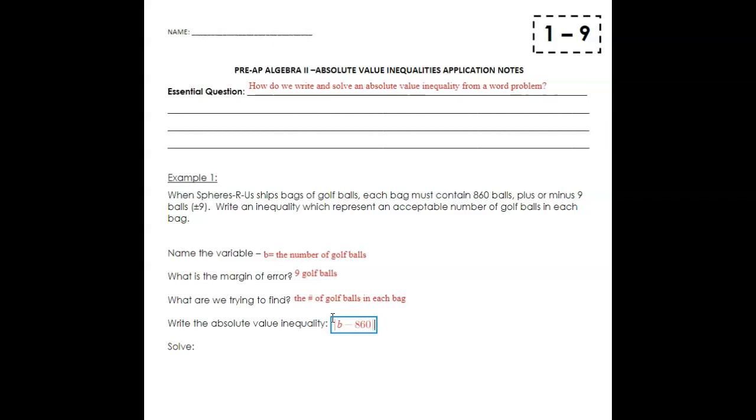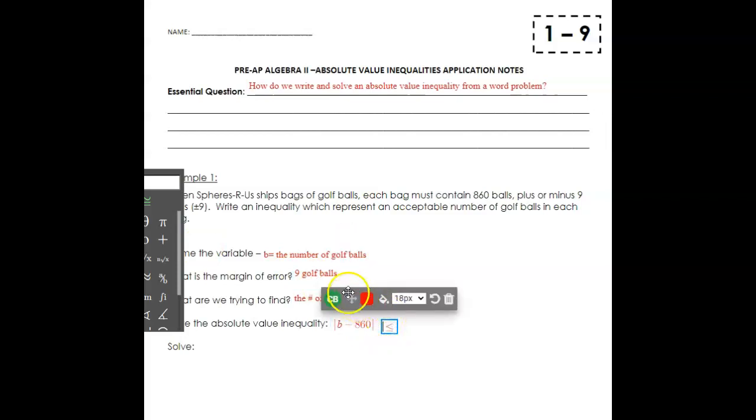If I take the difference of those two, so the number of golf balls in the bag and the number that are supposed to be in the bag, and if I subtract them and then just take the absolute value, so the positive number, well, that's going to have to be less than or equal to my margin of error, which is 9.